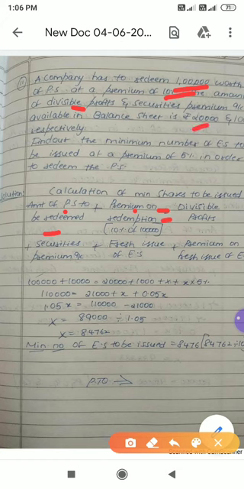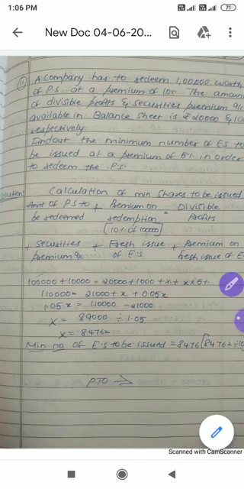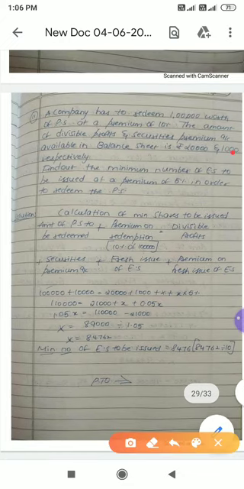Divisible profit is 20,000, and security premium is 1,000.